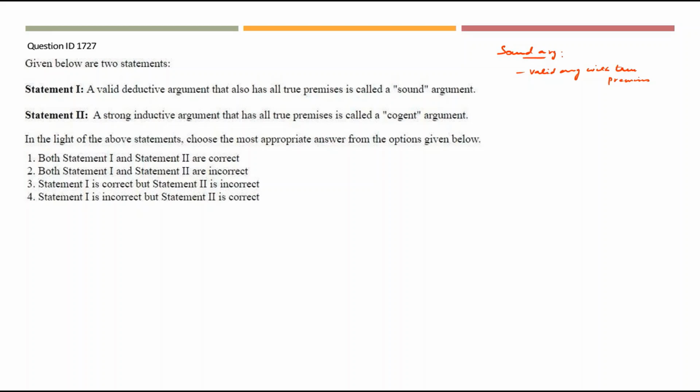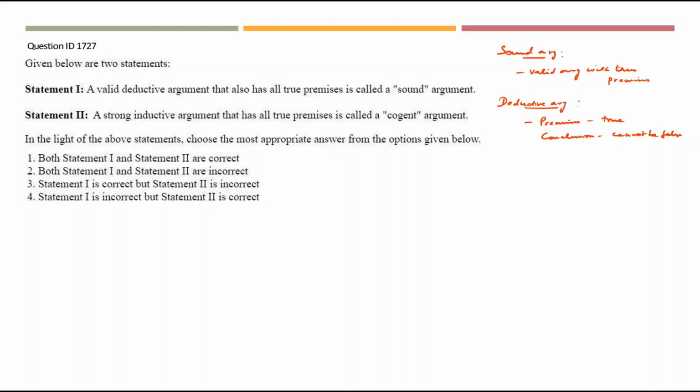So what are deductive arguments? An argument is valid when, if the premises are true, the conclusion derived from the premises cannot be false. This is deductive argument. So a valid deductive argument with true premises is said to be sound.